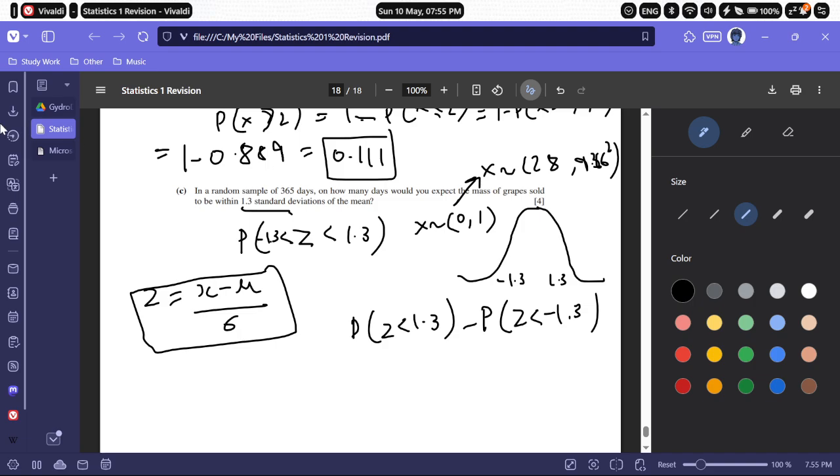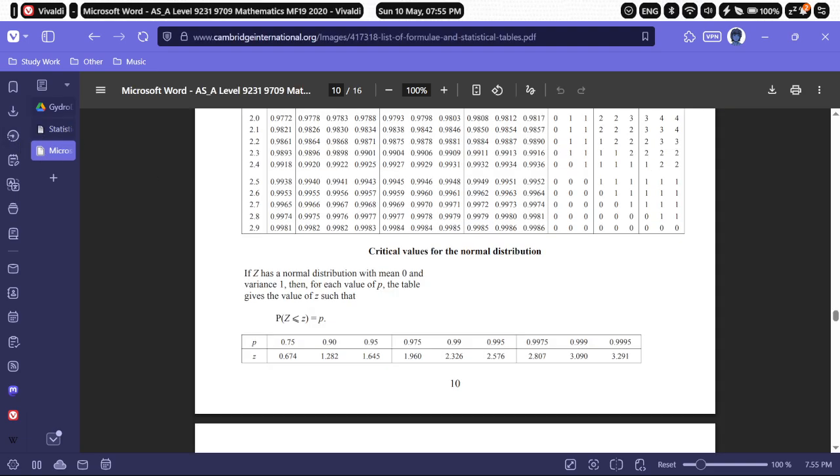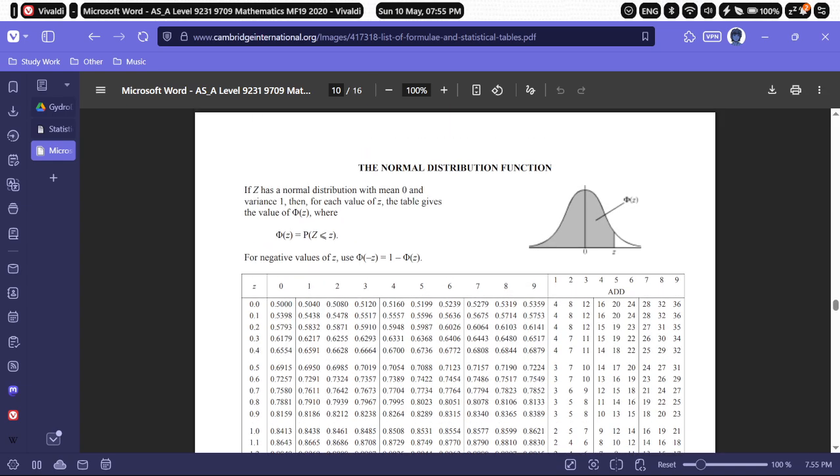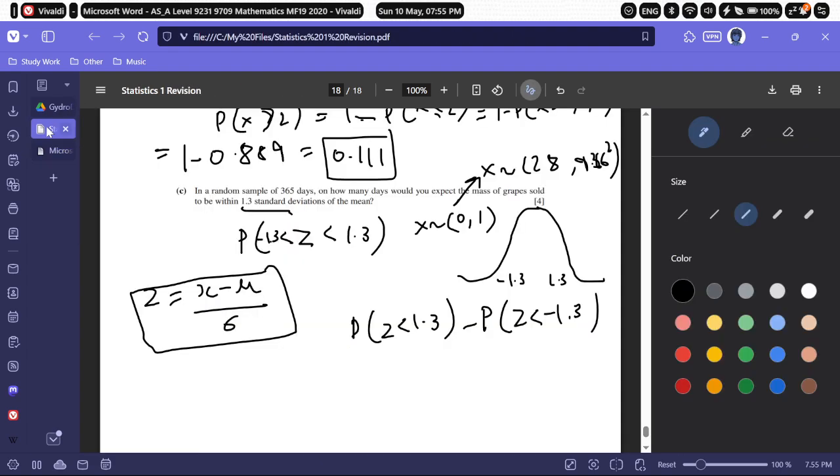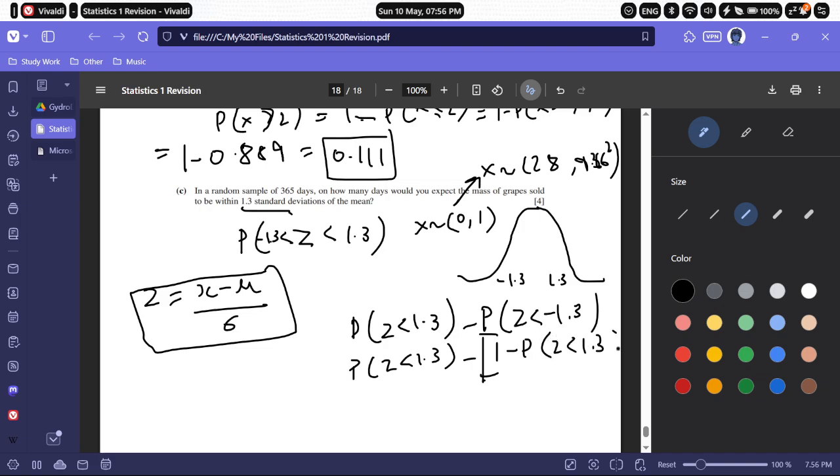Then you can use this rule that's mentioned in MF19 as well: for a negative z value, it's 1 minus phi of z. So the probability of z less than minus 1.3 is 1 minus the probability that z is less than 1.3.